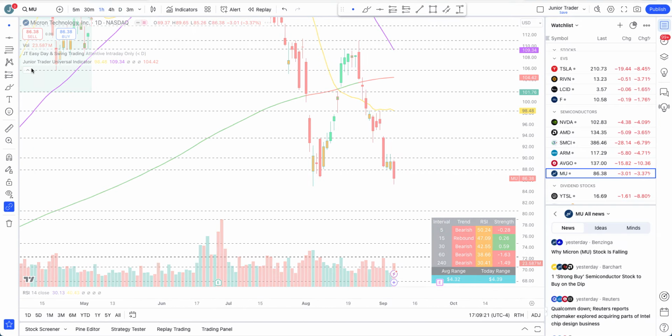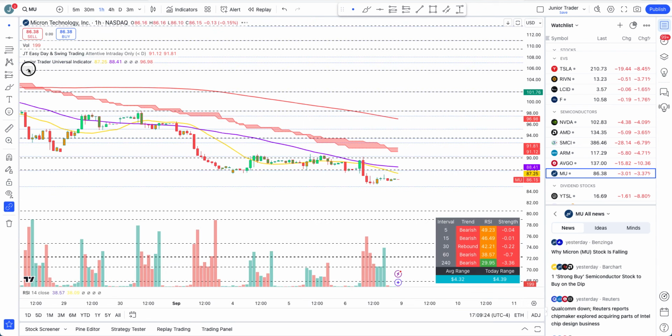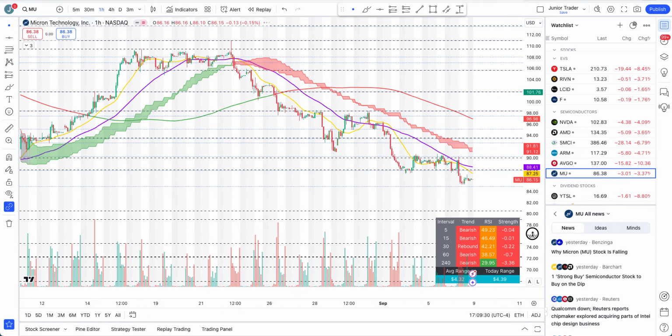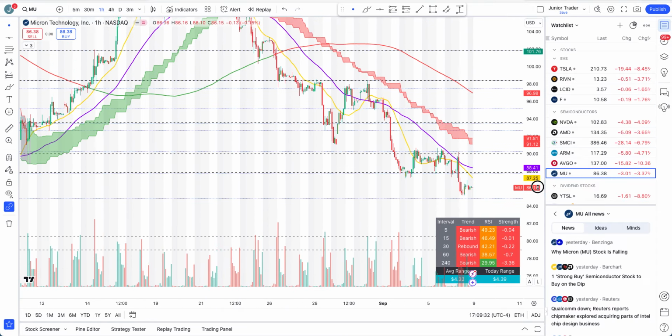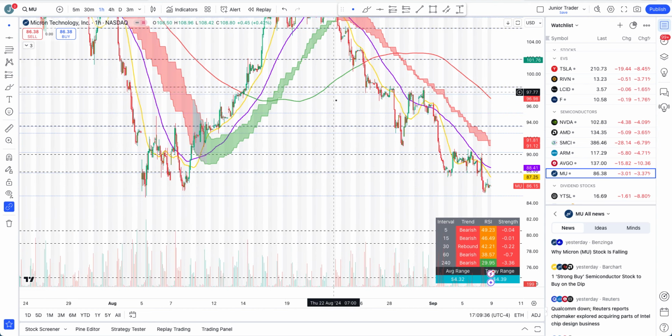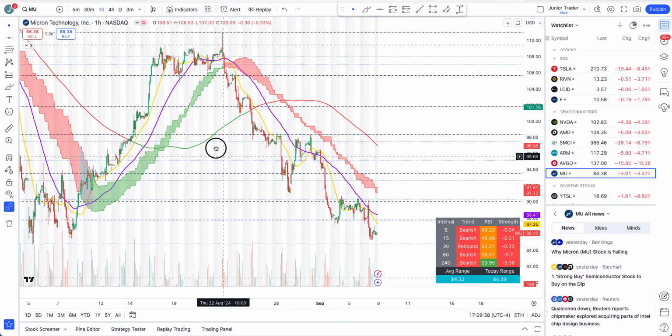Let's go to the hourly interval and let the chart load. On the hourly interval as well, there is not much in the direction for upside. Wow, it's so simple on Micron if you want to trade just using my tool.